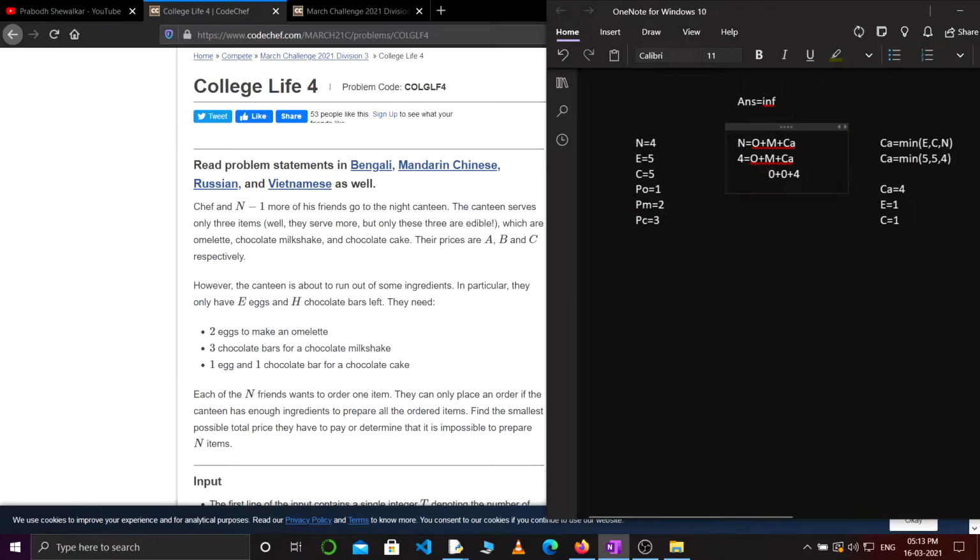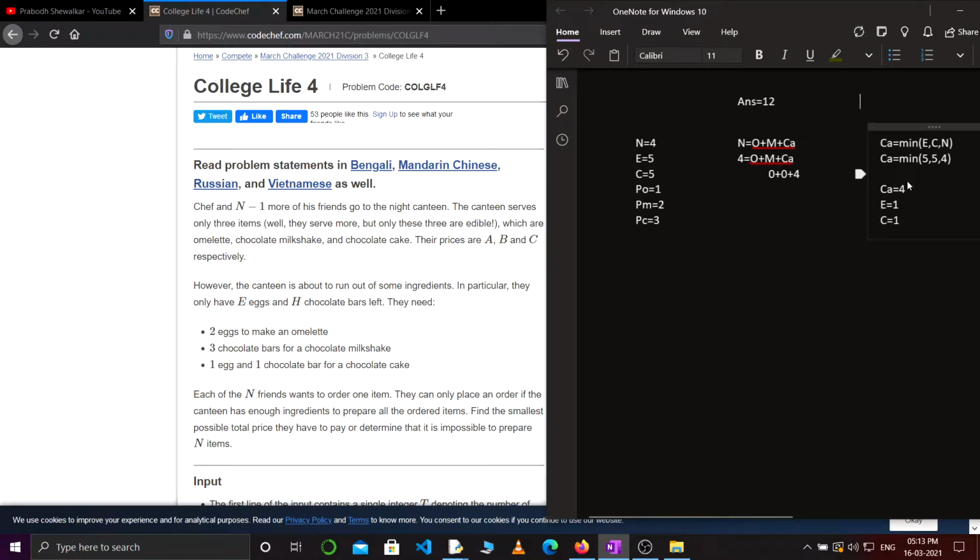So my price will be 4 times 3 because price of cake is 3, so it's 12. So I'll be storing this price for this combination in this variable answer, and I'm initializing my answer with a large number, infinity. So now which is smaller, 12 or infinity? So 12, so we'll store 12 over here.